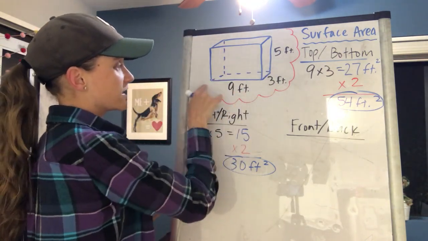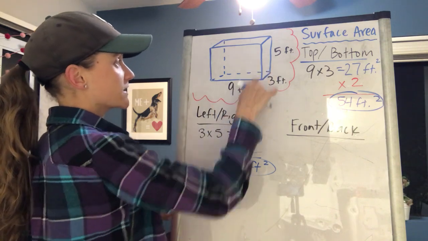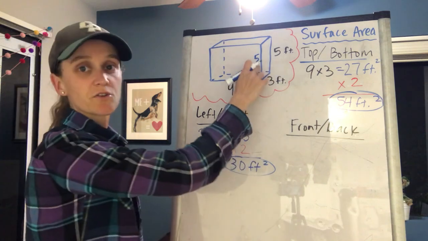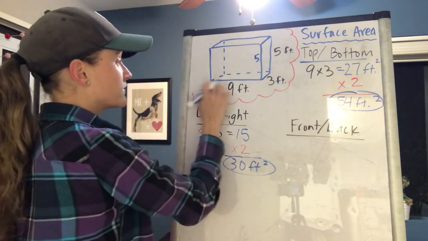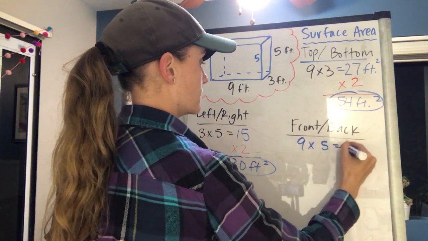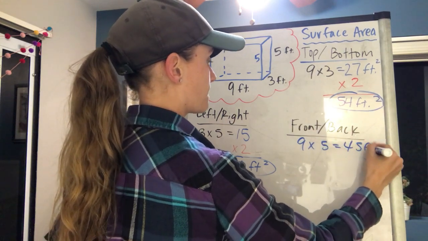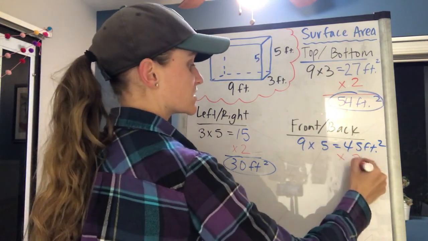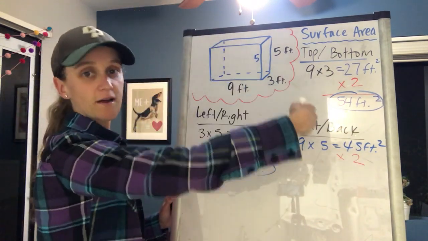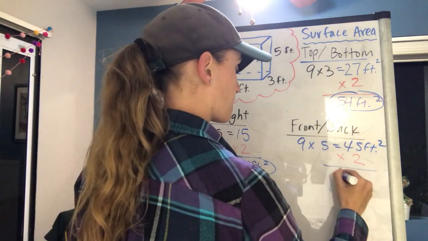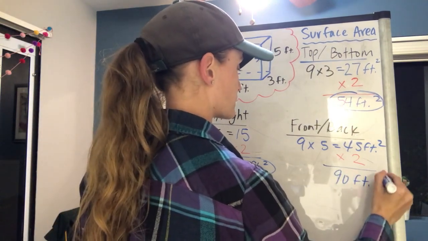I can see that's 9 feet, and then this side here is going to be 5 feet because if this back one is 5, this one's also going to be 5. So for the front, I have 9 times 5, which equals 45. Remember, again, I'm going to multiply by 2 because the front is 45 and then the back is 45. So that's going to give me 90 feet squared.